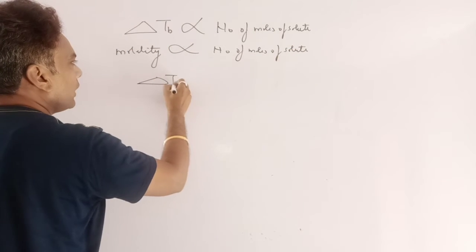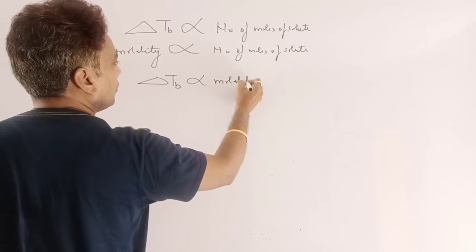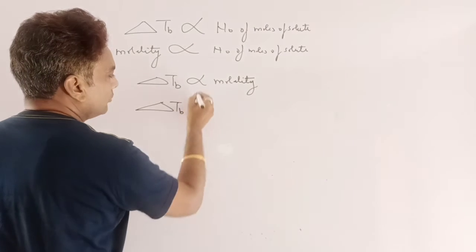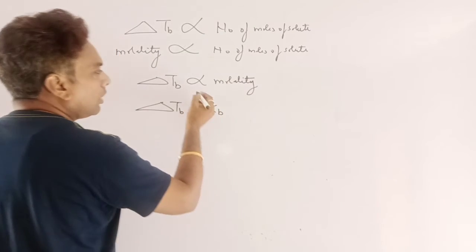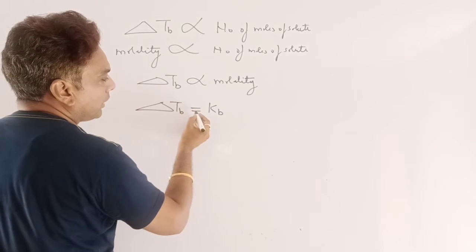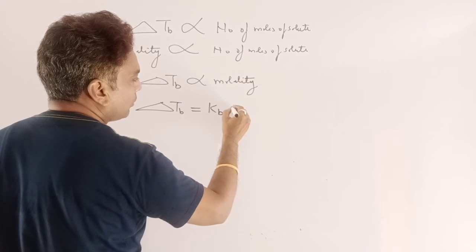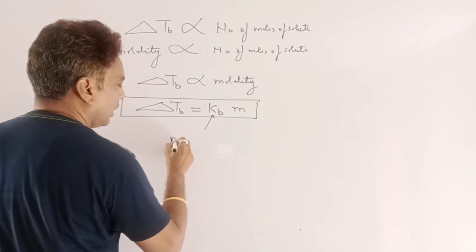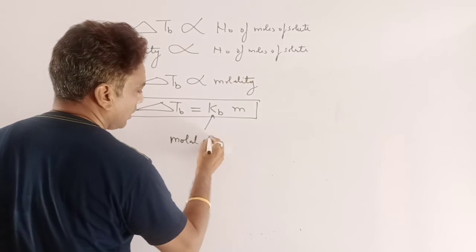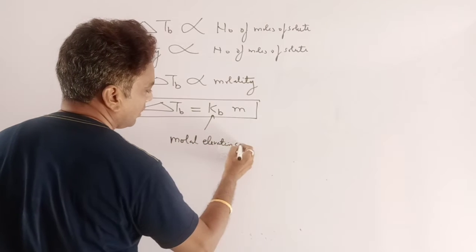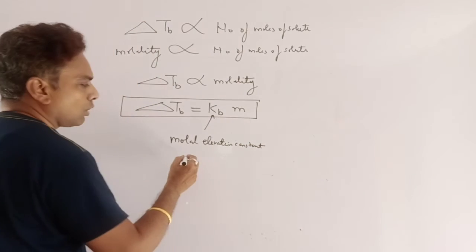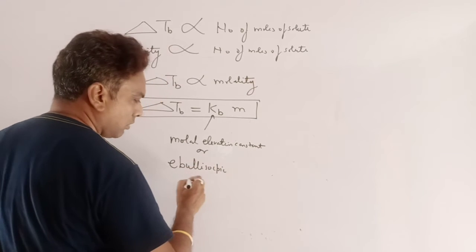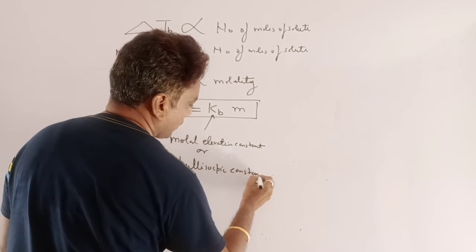So we can write delta Tb is directly proportional to molality. After replacing the proportionality sign with the equal sign, Kb is introduced as a proportionality constant known as the molal elevation constant, which is also known as the ebullioscopic constant.